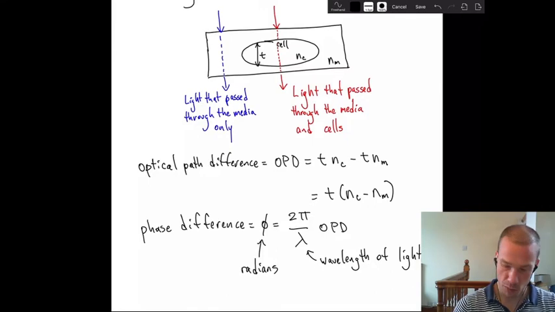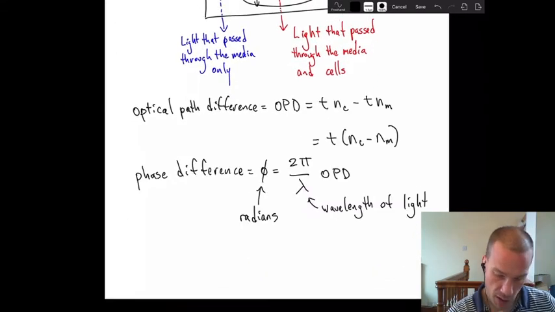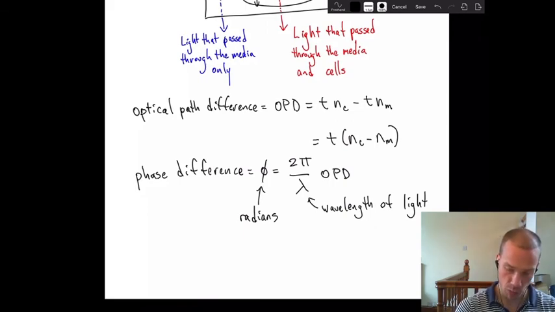So we see I have a 2 pi here. If this was a 360, this would be in terms of degrees. But if the OPD is equal to 1 complete wavelength, then the light passing through the cell will be delayed by an entire period. If OPD was half of a wavelength, so half that of lambda, then it would be delayed by a phase of pi, so it could be completely out of phase with the light which passed through the surrounding media. So this is in terms of an angle.